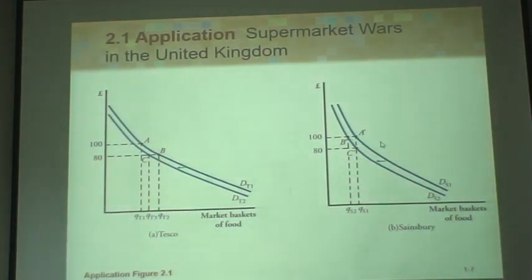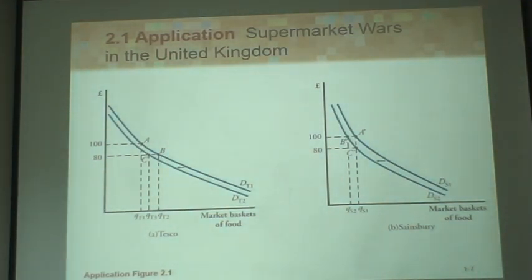But now, because Tesco lowers the price, it caused the demand for Sainsbury to go down. So it becomes this light blue line. Originally he believed he could sell to A prime, but now he could only sell to B.